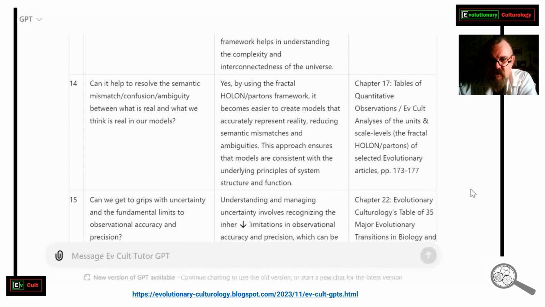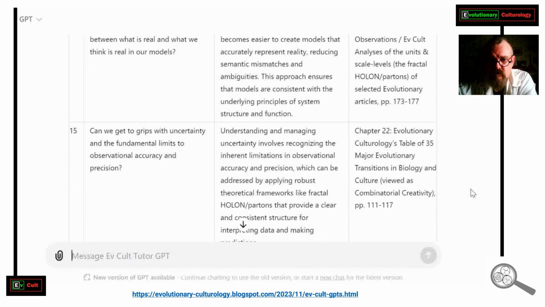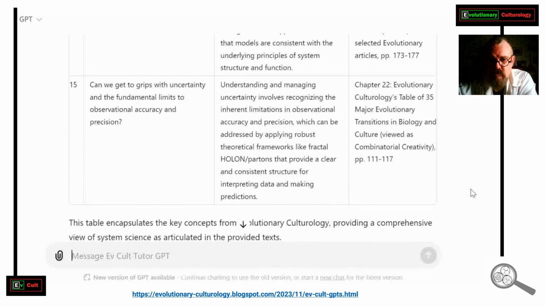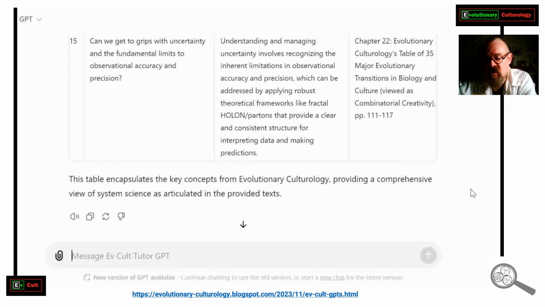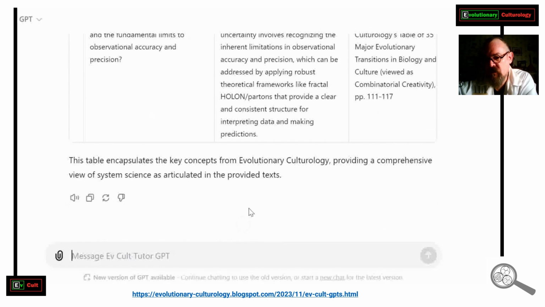So try this yourself at home. And if you don't like the answers, ask it to try harder or try again, or give it more information and frame the question differently.